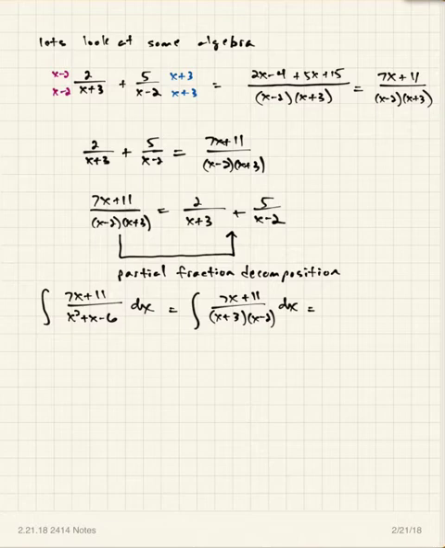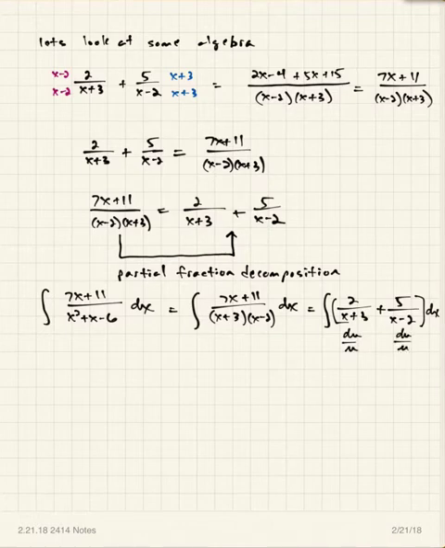From the algebra we did at the top, we could rewrite that as the integral of 2 over x plus 3 plus 5 over x minus 2 dx. That decomposition makes the problem a very easy problem because both of those terms individually are just du over u. The 2 and the 5 are just constants that don't affect anything. And so we have the antiderivative very quickly. It's 2 times the natural log of the absolute value of x plus 3 plus 5 times the natural log of the absolute value of x minus 2 plus c, and boom, you're finished.